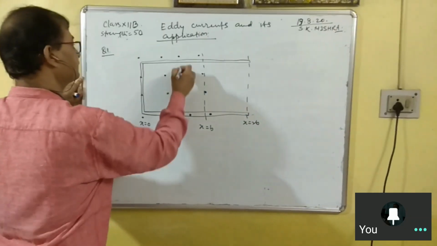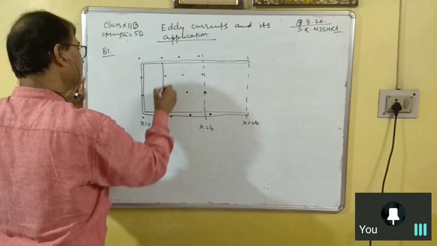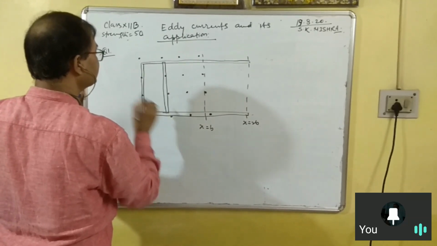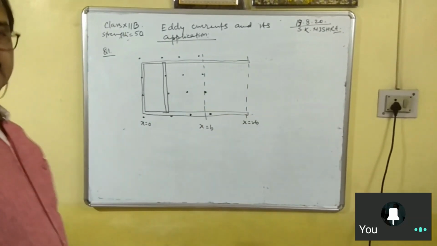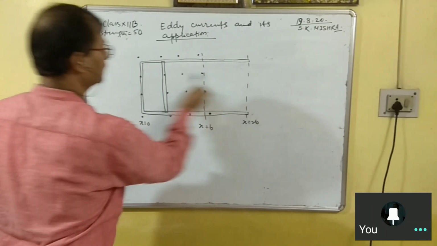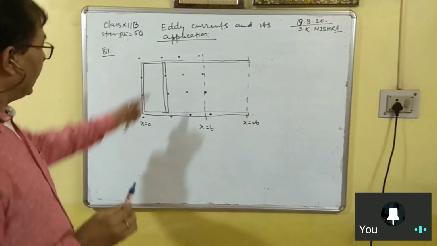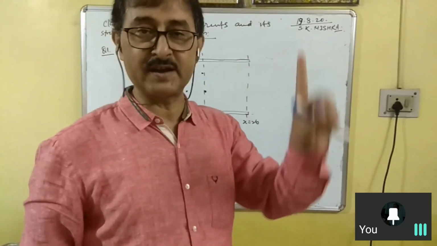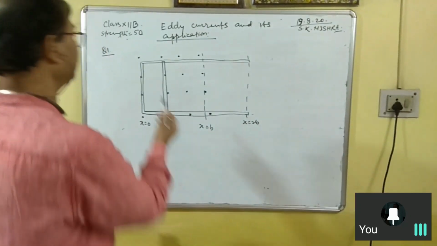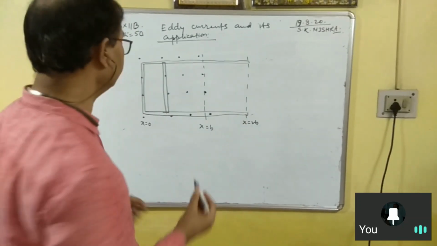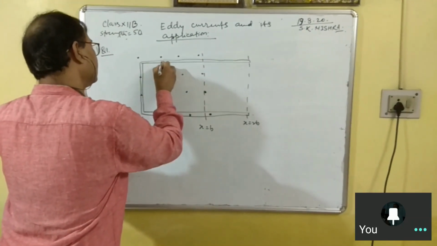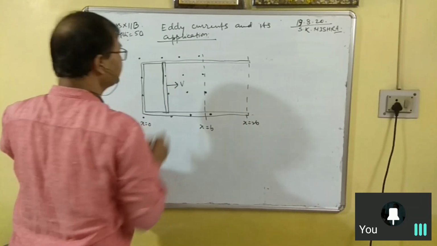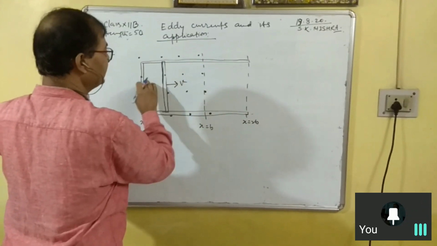Okay. Now, one metallic rod will slide over this rail. You can slide it. And this magnetic field is acting in the vertically upward direction. Dot dot dot means vertically upward. And this metallic rod is pulled with constant speed v towards the right.